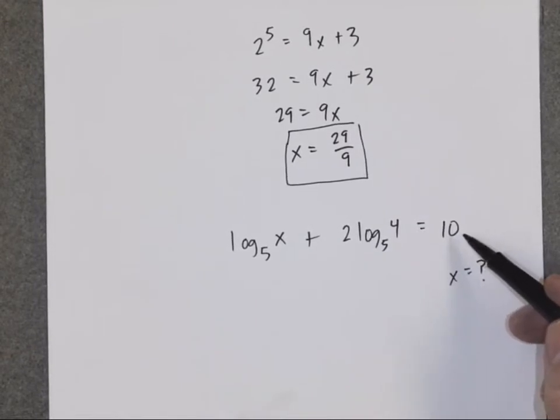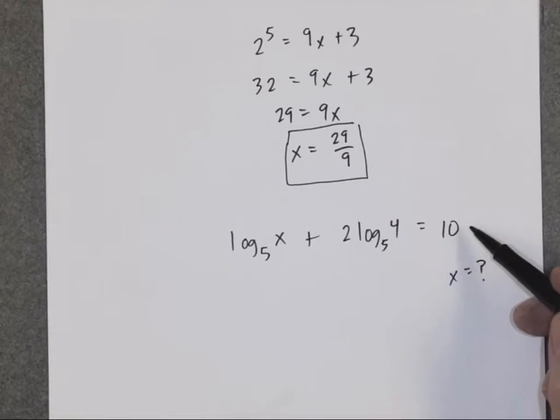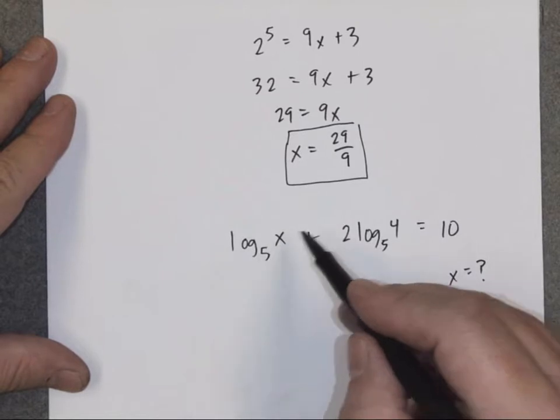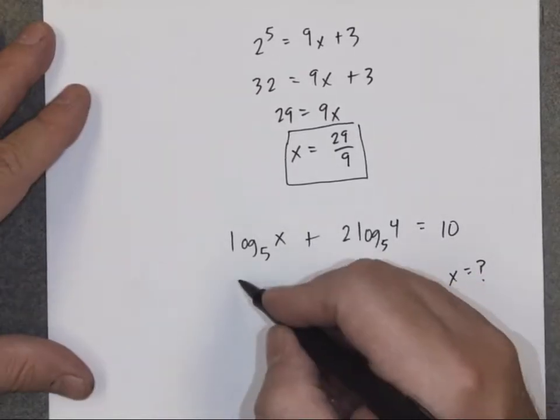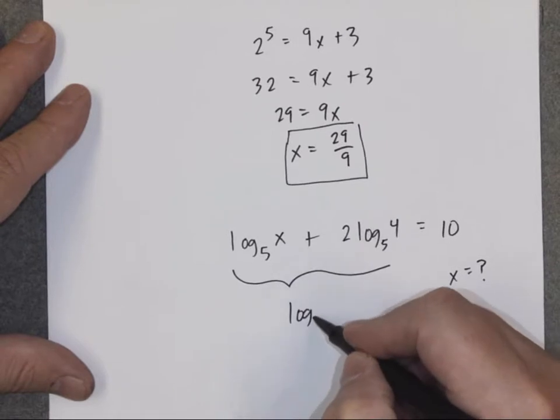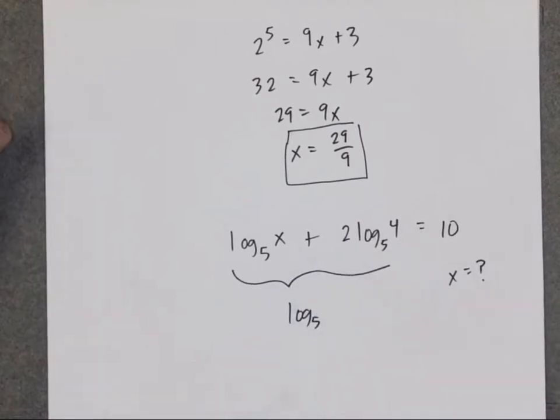But the way we're going to go about solving equations like this, as it turns out, I'm going to show you that whenever you add or subtract log terms, you can actually combine them into one log term. So from now on, whenever you have an equation with multiple log terms, oftentimes the first thing we're going to do is combine them into one log term.